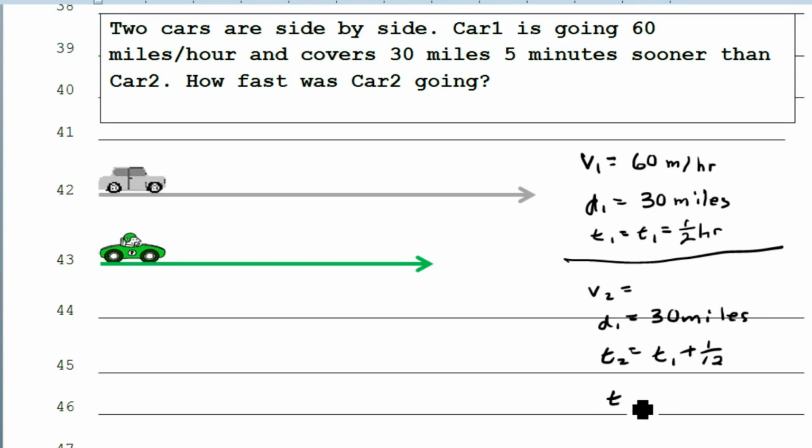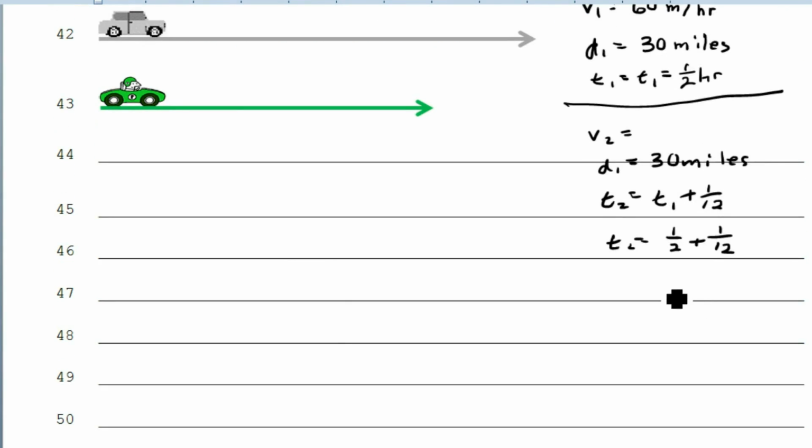So that makes T2 1/2 plus 1/12, which would be 12 plus 2 over 24, 14/24, is 7/12 of an hour.